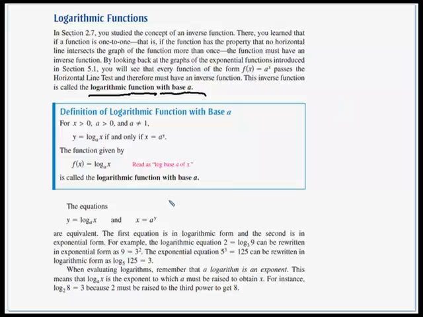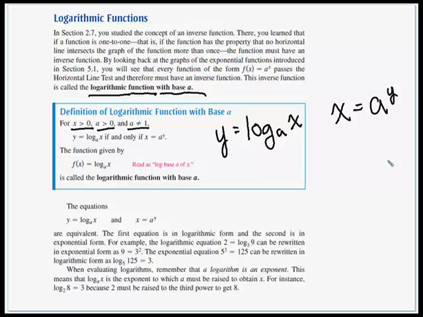So here in the blue box is our official book definition of a logarithmic function. For x's that are positive, a's that are positive and not equal to 1, here's the big part: y equals log base a of x if and only if x equals a to the y power. So these are equivalent statements.